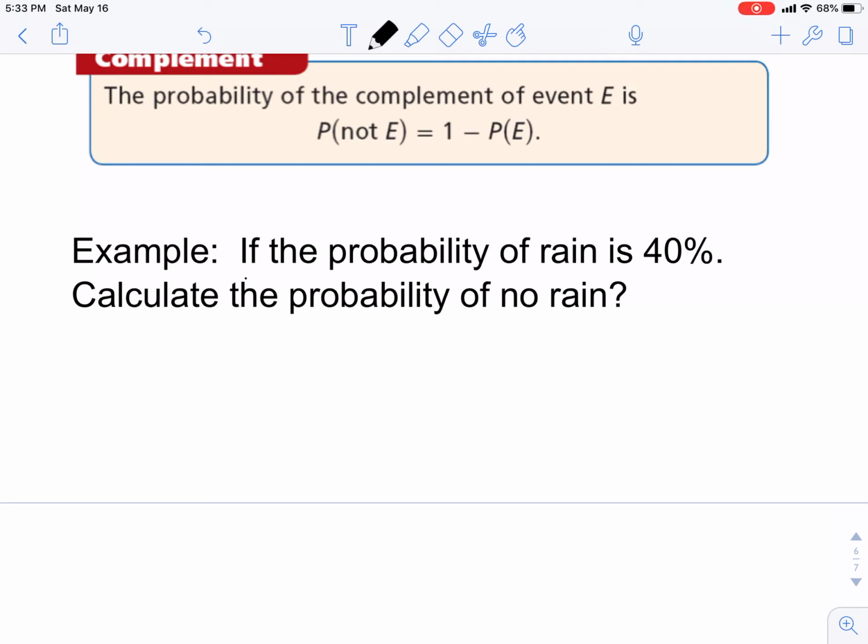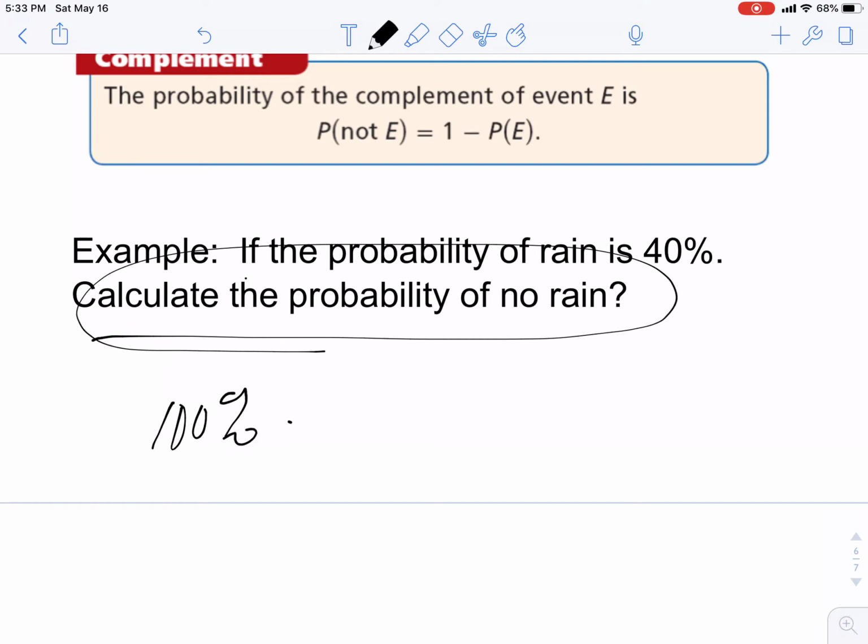It's a 40% chance of rain. What's the probability of no rain? Well, we know that 40% is rain, so 100% minus that 40% gives us that 60%. So same concept that we used up there, but we hadn't found the probability when it was the sum of 3. We were just finding the possible outcomes and then subtracting that from the whole. This is using the same idea of complement, but subtracting when you've actually found the probabilities.